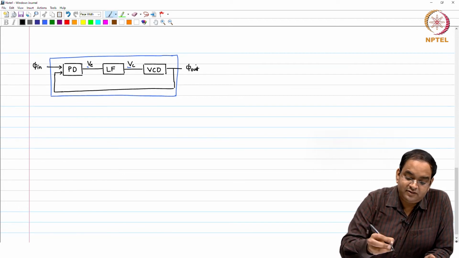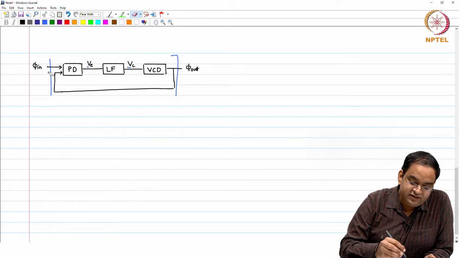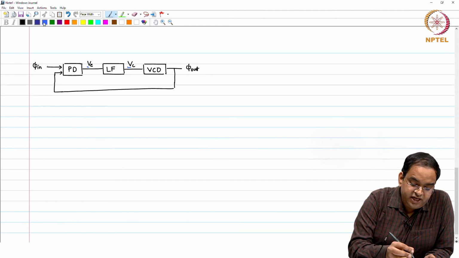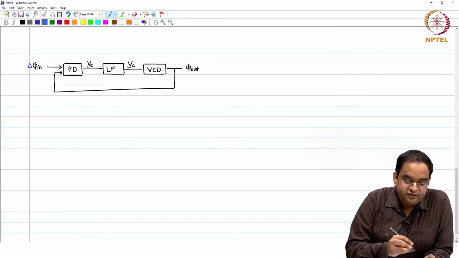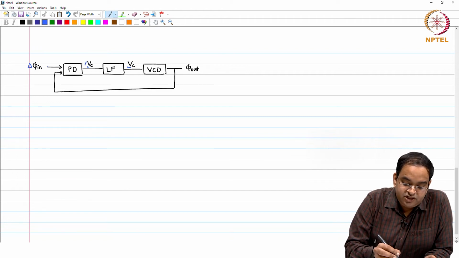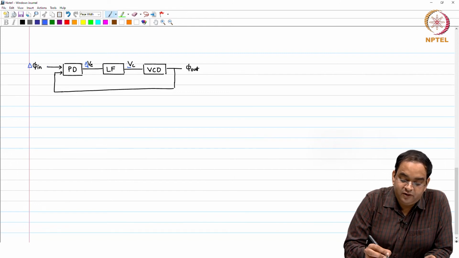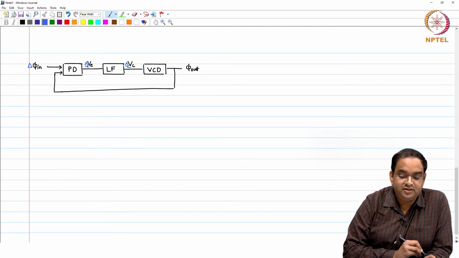We know the actual signals are voltages, but the loop is operating only on the phase signals. If I change the phase by delta phi in, just as an example, or apply any change at the input, I will get a change in the error voltage. This change will be reflected at the output of the loop filter as a control voltage.